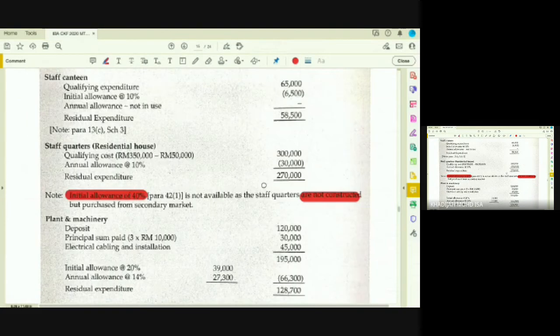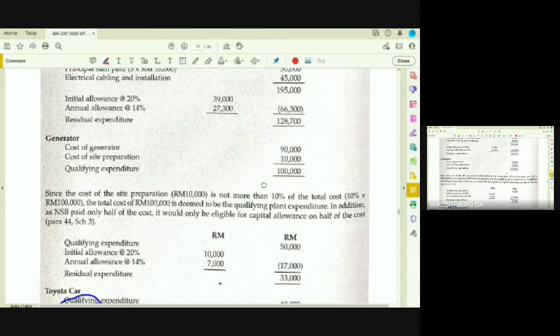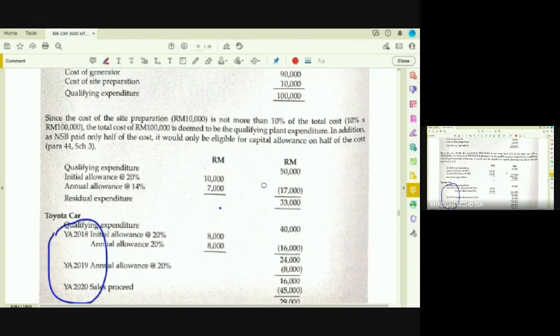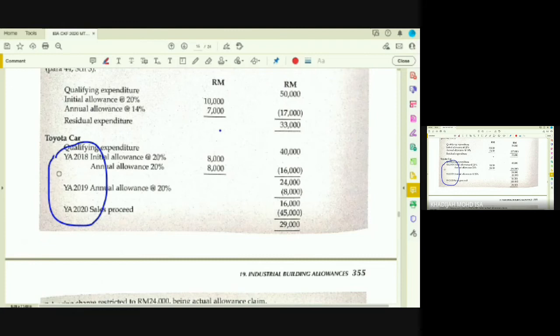I also noticed I was a bit fast today. Right, be careful because the textbook is wrong, because they start at YA 2018. Supposedly it starts from YA 2019. You claim IAAA in 2019. But because you claim 2018 here, then there is no clawback.